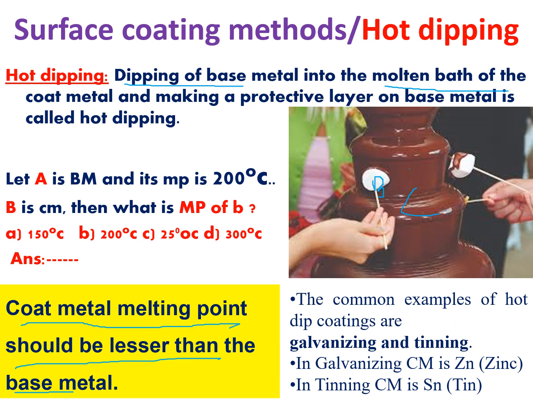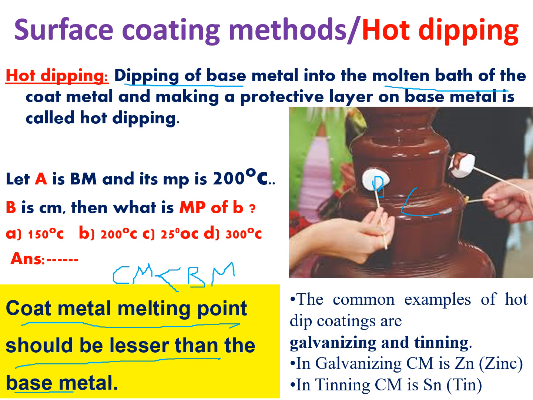But here we are not going to prepare alloys. We just want to make a surface coating of the coat metal on the base metal. So this is the condition: the coat metal melting point should always be lower than the base metal, which means the base metal should have a high melting point.